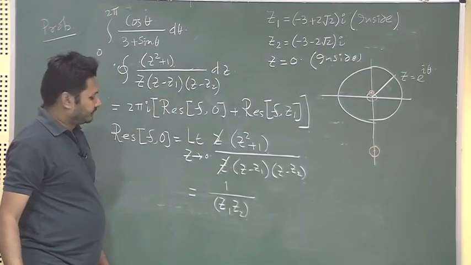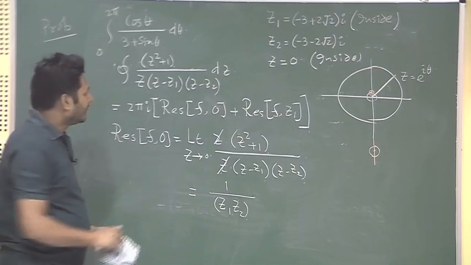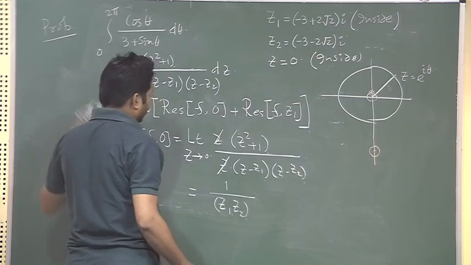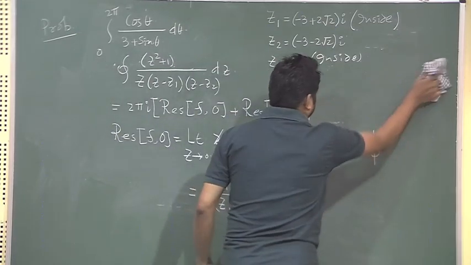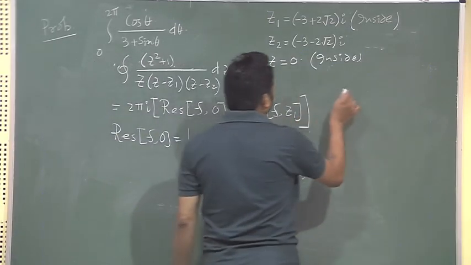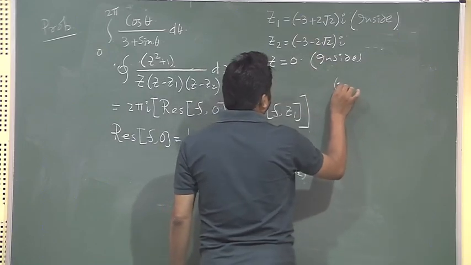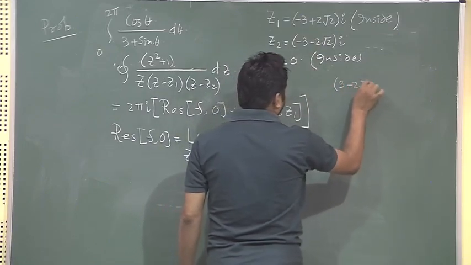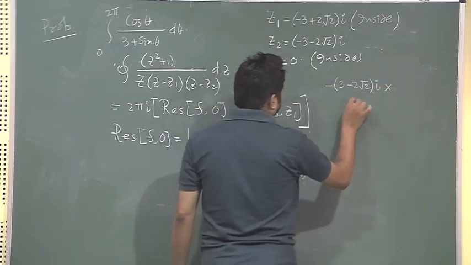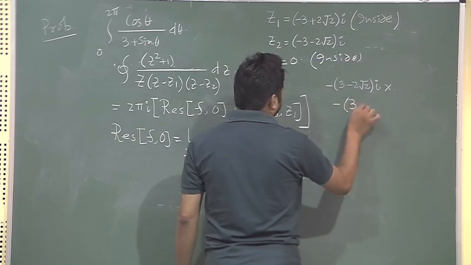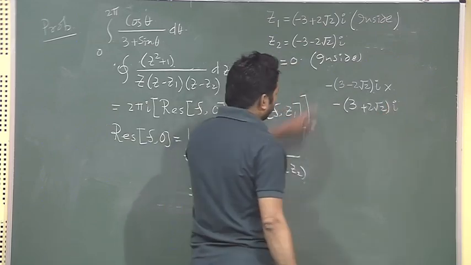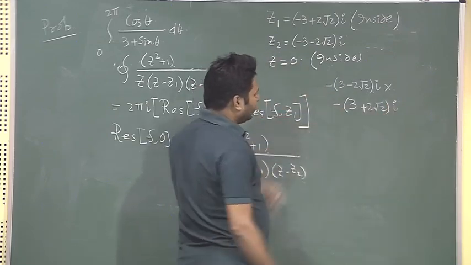Z1 into Z2, if I calculate, then let me erase this. Okay. So, let me erase this point because it is not required. So, Z1 and Z2 is this. So, that means I need to calculate this point. So, if I take, it is 3 minus 2 root 2 minus I, this is Z1, multiplied by 3 minus of 3 plus 2 root 2 of I. This minus and this minus will be plus, I will be minus.